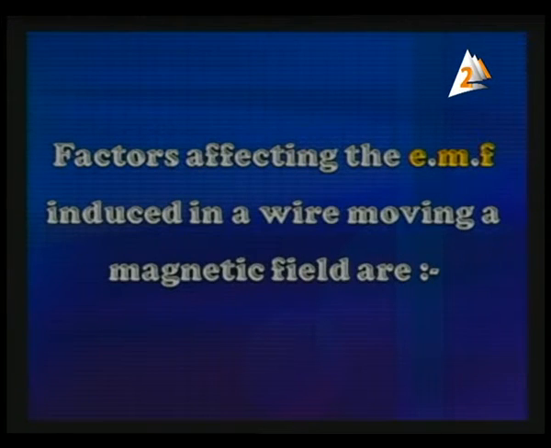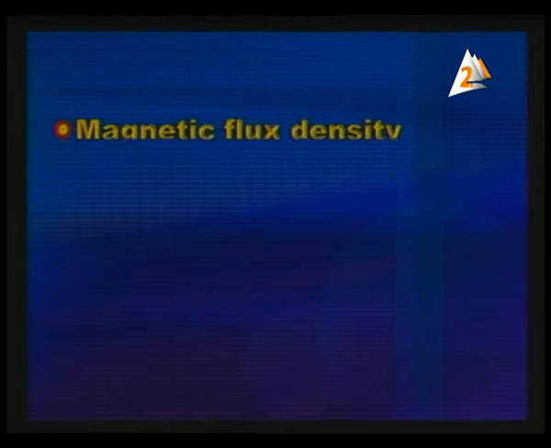And now, talking about the EMF induced in a wire moving in a magnetic field, the factors affecting the size of this EMF. First of all, the magnetic flux density of the field. So the density of the field is the first factor affecting the EMF induced in a wire.